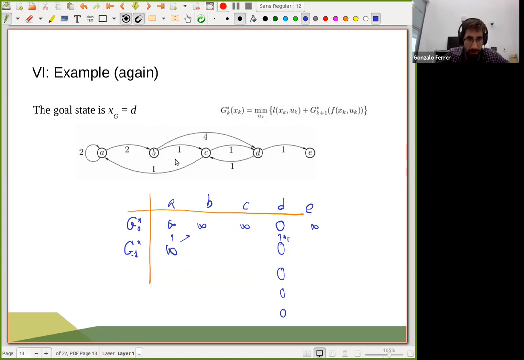For node B, oh no, wait, we can reach D at cost 4, right? So see here, yes, 4. So this is going to be a length 1 trajectory. From C, yes, we can reach D directly by this.